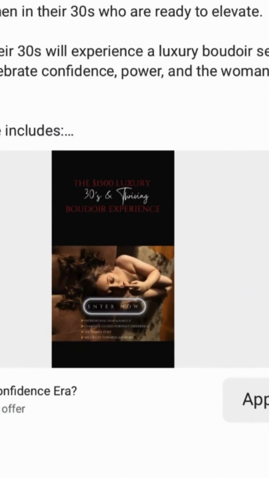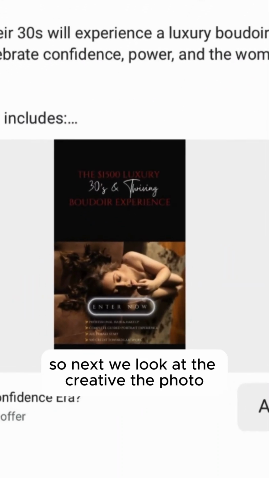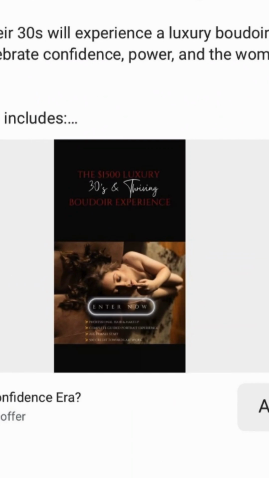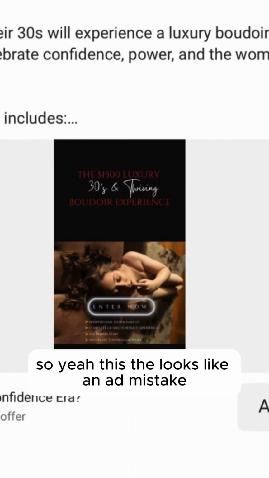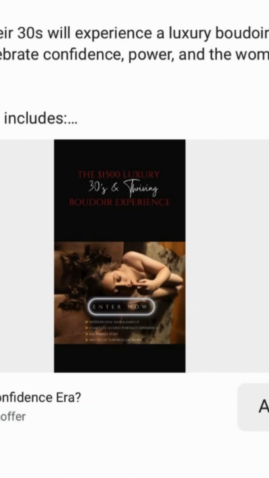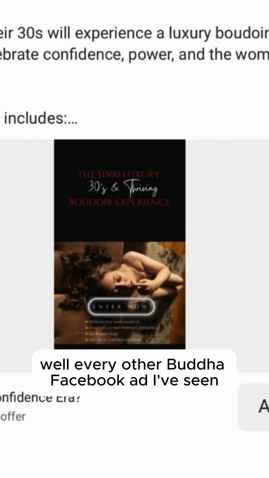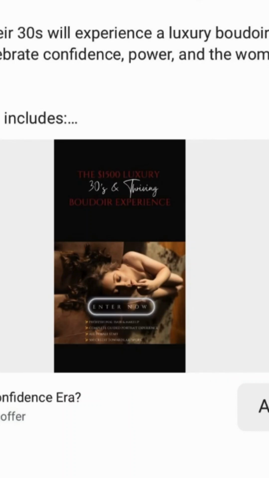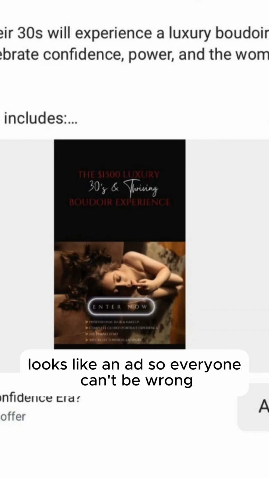So next, we look at the creative, the photo. So yeah, this looks like an ad mistake. The false belief that caused us to make this mistake is, well, every other Boudoir Facebook ad I've seen looks like an ad. So everyone can't be wrong, can they?